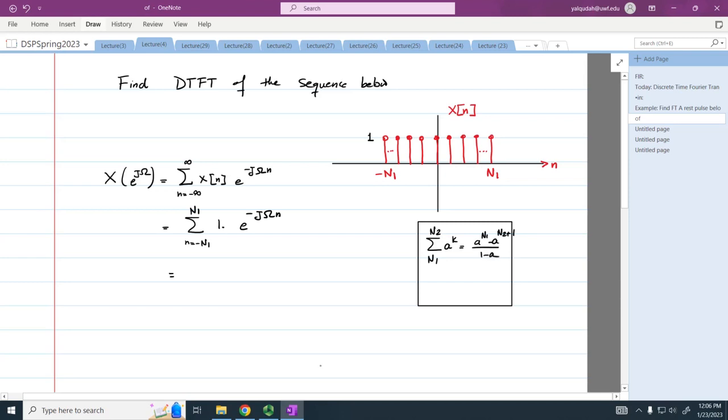So let's use that expression on this summation. What is this going to equal? E to negative j omega multiplied by negative n1, minus e to negative j omega multiplied by n1 plus 1, divided by 1 minus e to negative j omega.